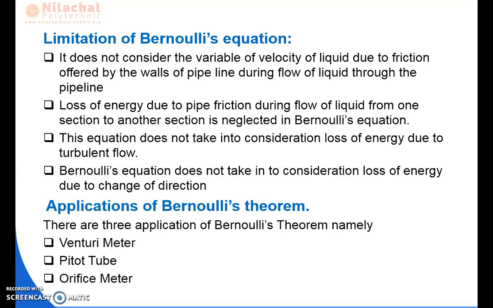It is assumed that the flow of liquid is laminar, but it is not happening. Due to some contaminants or other particles remaining inside the pipe, and due to friction, there may be chances of turbulent flow, which is not considered in Bernoulli's equation.